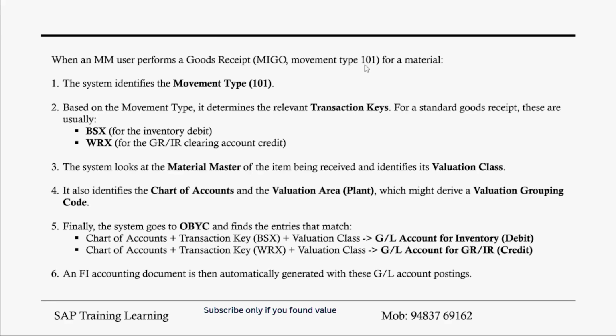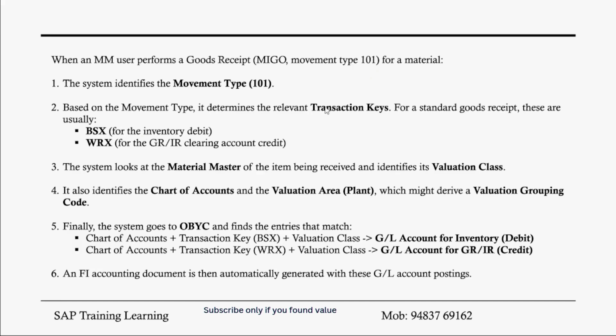If you use 101K here, the inventory is going to be KON, not BSX, right? The KON transaction key will be used. Since in this example the movement type is 101, you are increasing your inventory directly, so BSX will come into the picture.